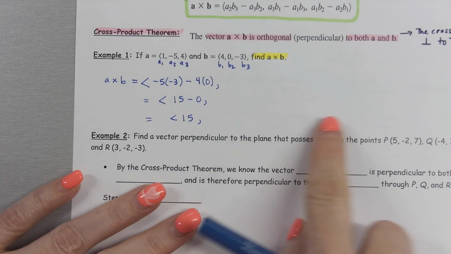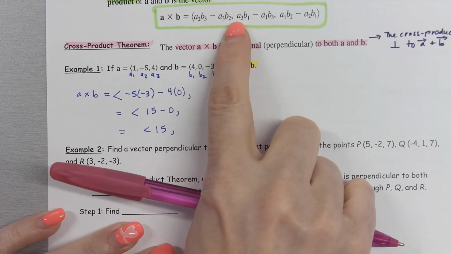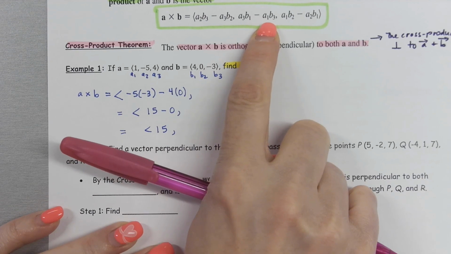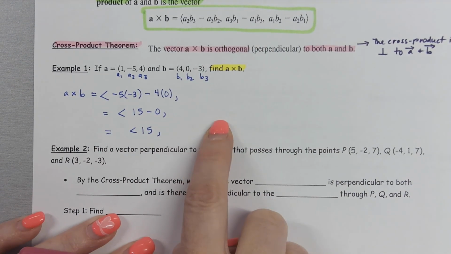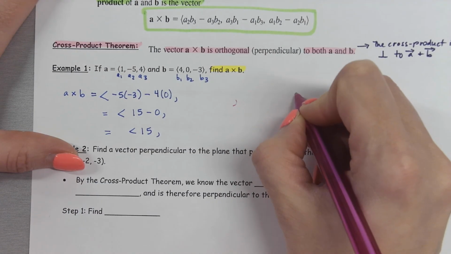Okay, I want you to do the next component. So I want you to do the A3B1 minus A1B3. And then there's going to be one more component after that.